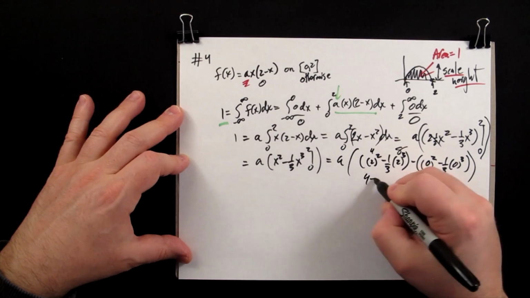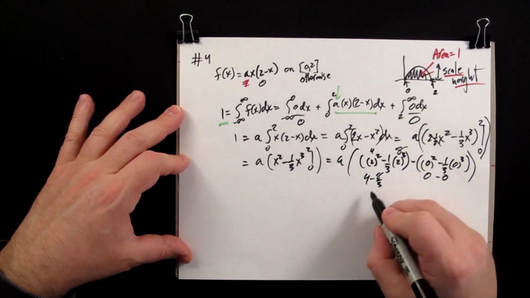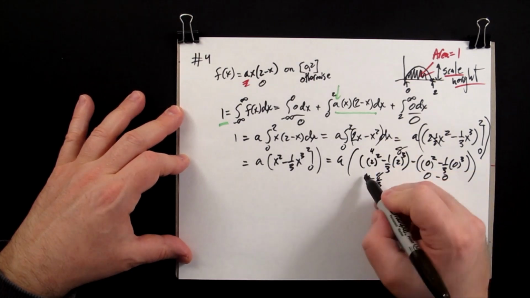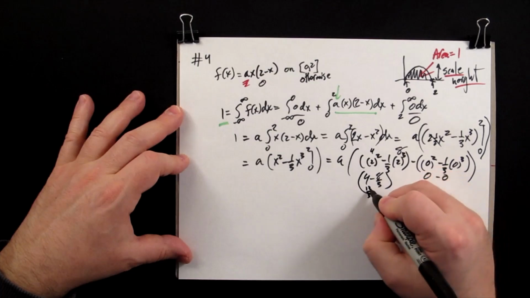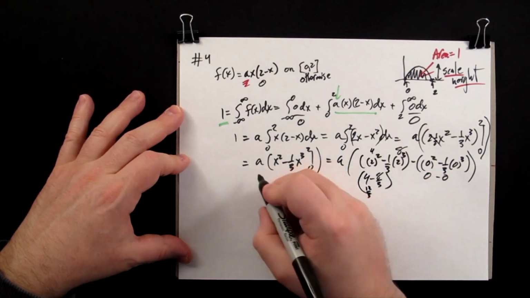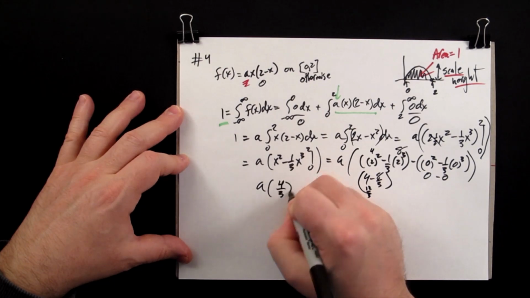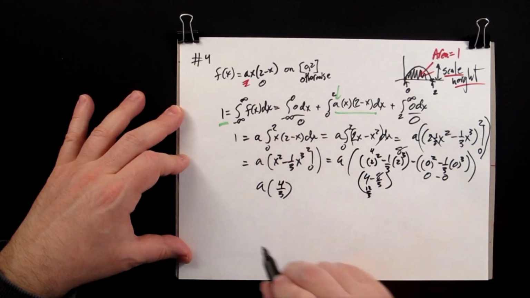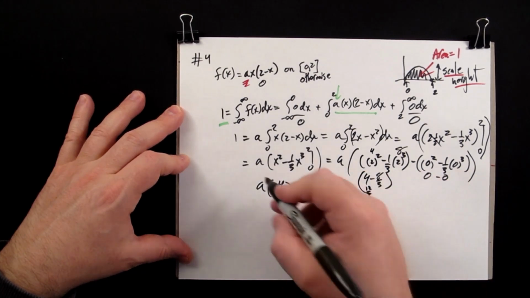So it's 4 minus 8/3, and then this is 0 minus 0. So we have 4 minus 8/3, so this is 12/3 minus 8/3, which gives us 4/3, and then we subtract 0 from it. So the piece in here is just 4/3.